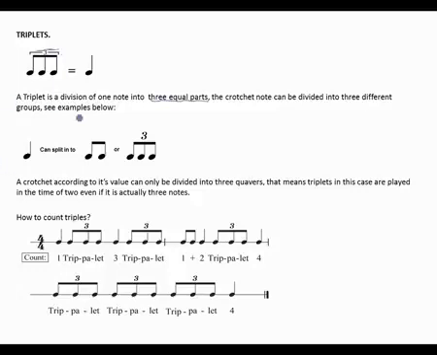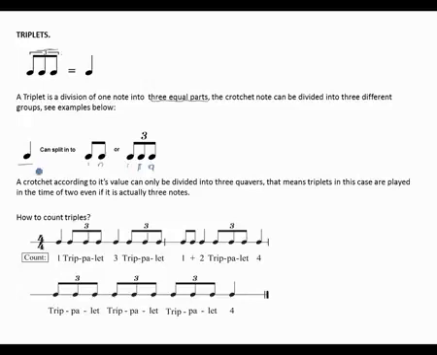See examples below. This is a crochet divided into two groups, which would be two quavers. This will be 1 and. Or into three groups, now making it a triplet, would be 1 la li, or 1 and a, depending on which formula you use, or you can just say triplet.